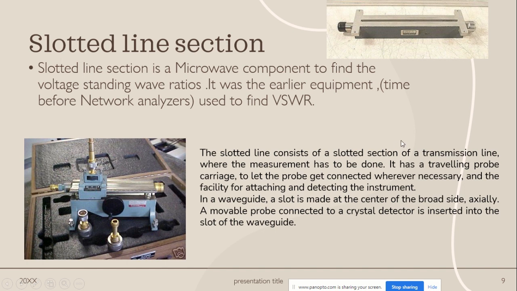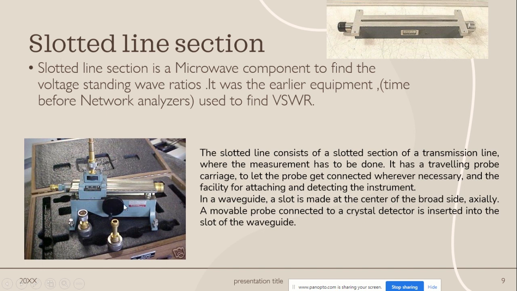The slotted line section consists of a slotted section of transmission line where the measurement has to be done. It will have one traveling probe carriage to let the probe get connected wherever necessary, with a facility for attaching and detaching the instrument. This probe can be removed easily or connected back, and through this probe an output will be taken, and we'll be observing the output in the CRO.